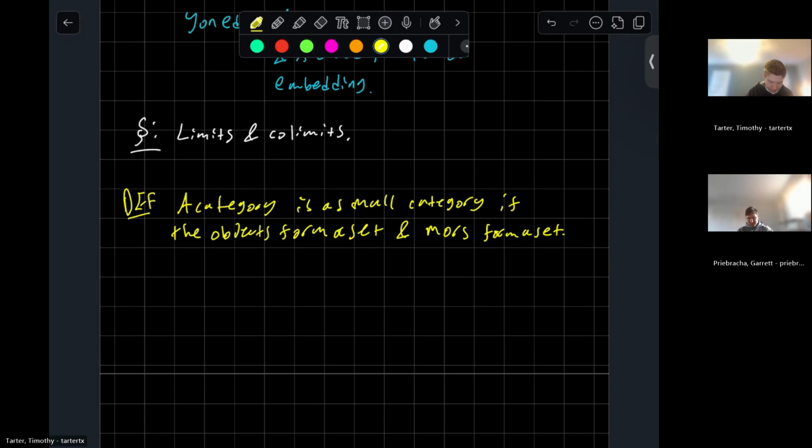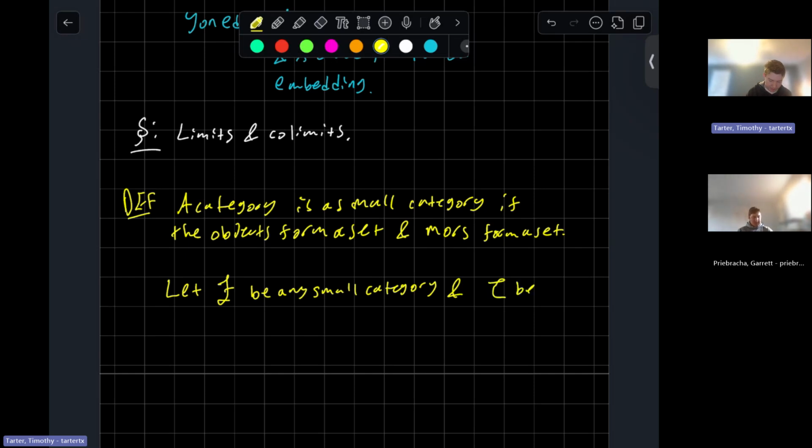Then let script F be any small category, and script C be any category.